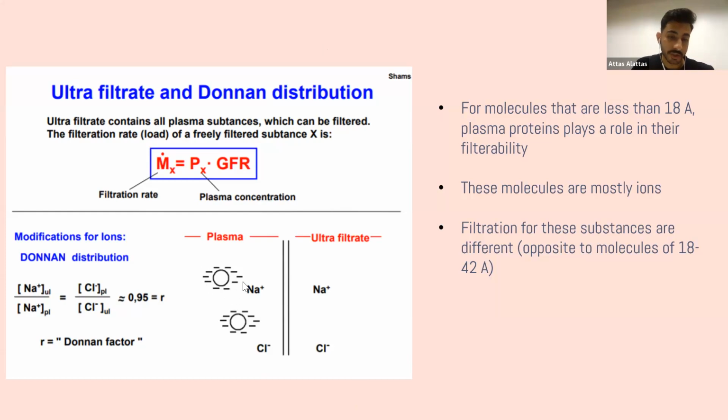Because the plasma proteins are negatively charged, they will attract the positively charged molecules, and it will cause less of them to be filtered in the kidney. However, because the plasma proteins are negatively charged and the ions that are negatively charged have the same charge, they will repel each other, so more chloride will be filtered. Is that clear?